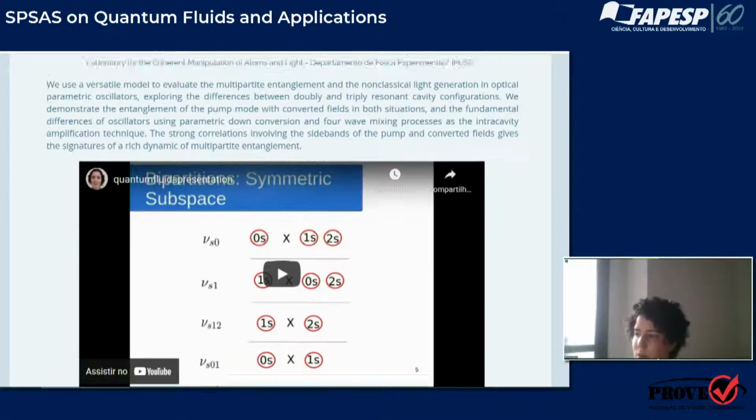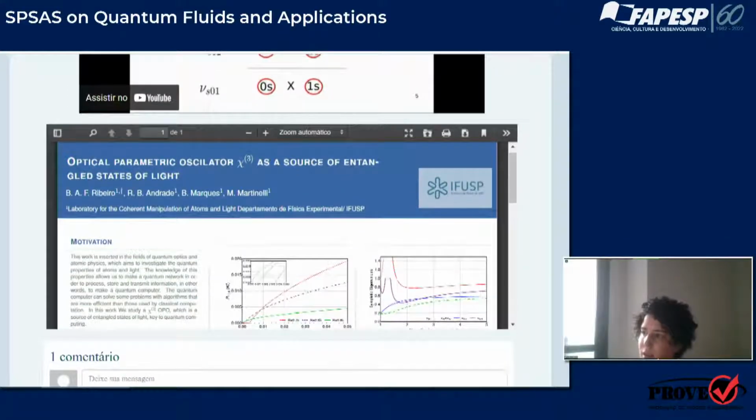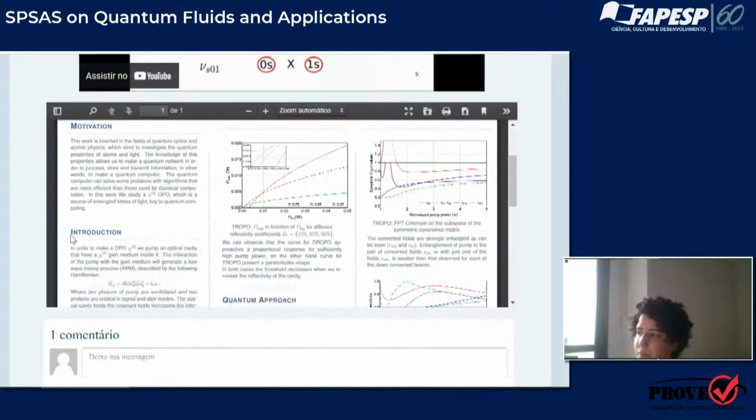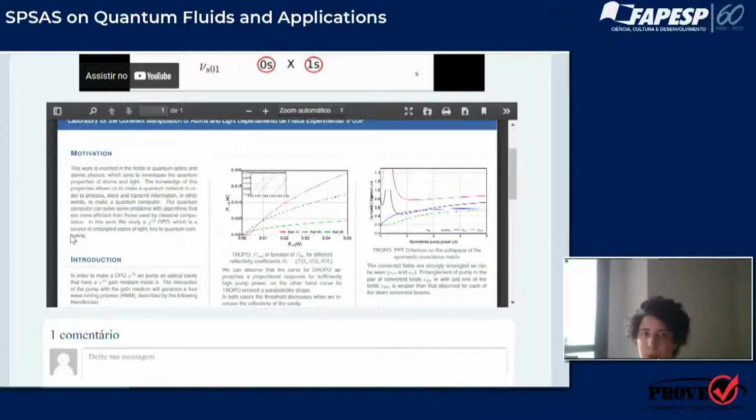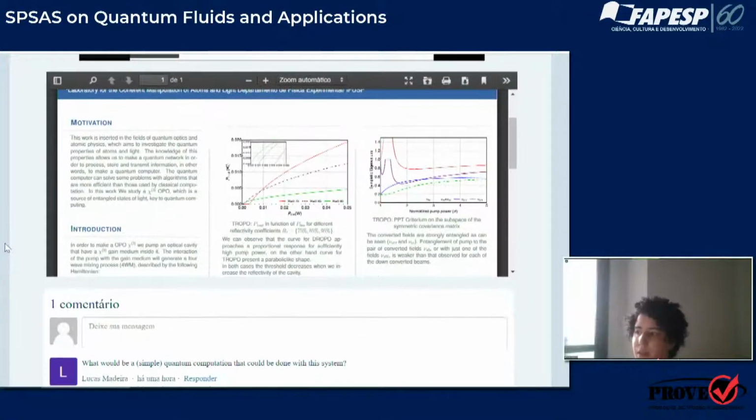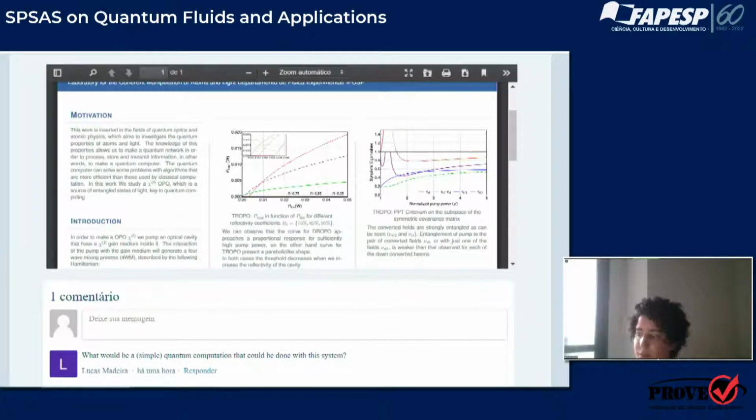In the case of a double resonant OPO, when the pump does just a single pass, we have a linear behavior, and in the case of a triple resonant OPO, we have a parabolic-like shape.